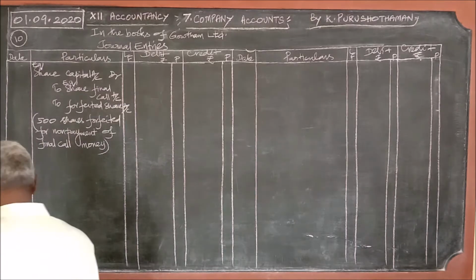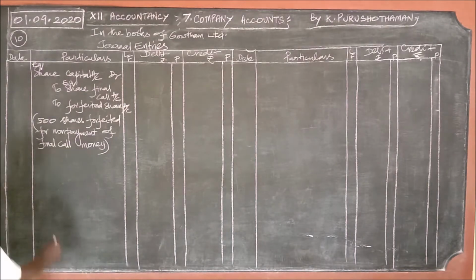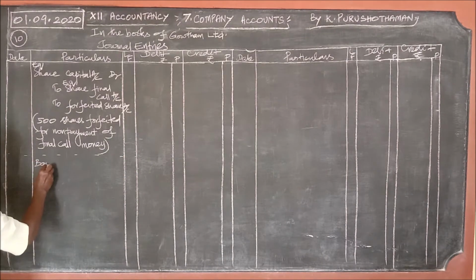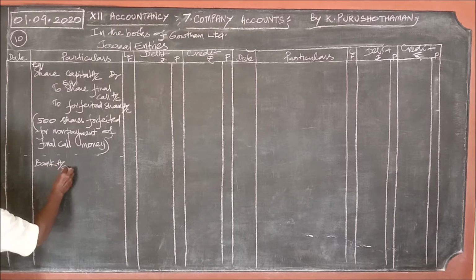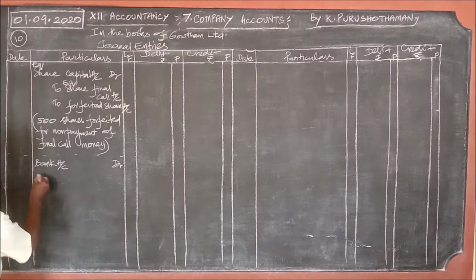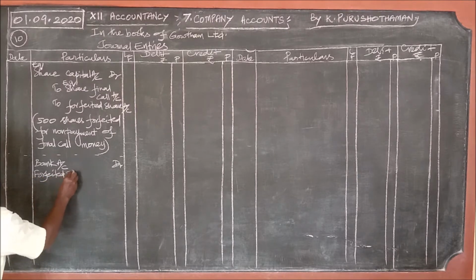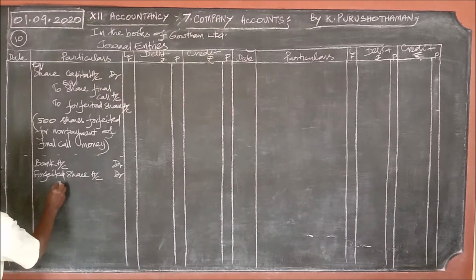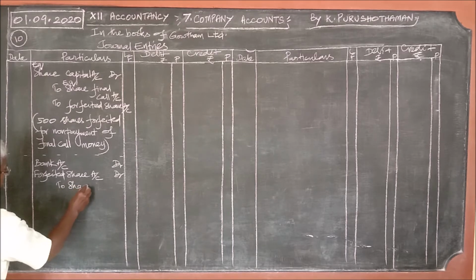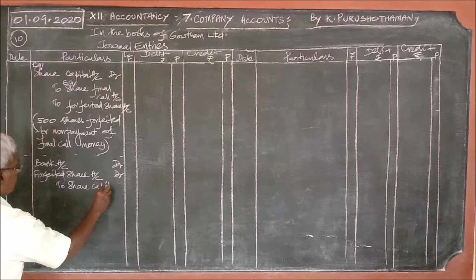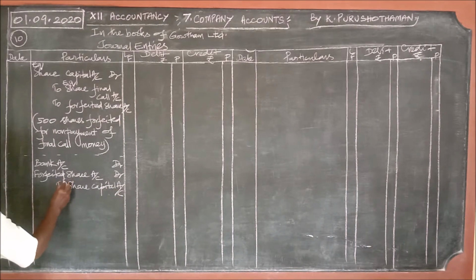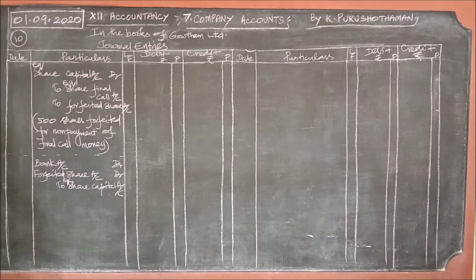For reissue, bank account debit, forfeited share account debit, to share capital account, that is equity share capital account.